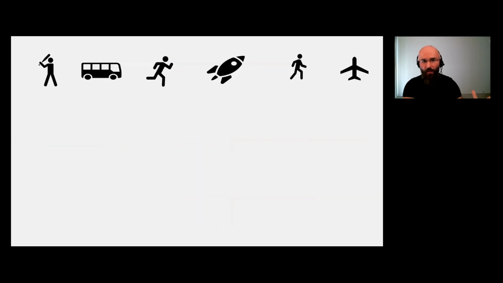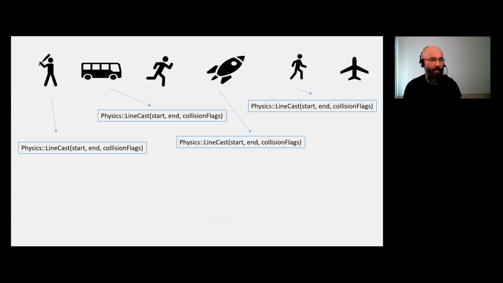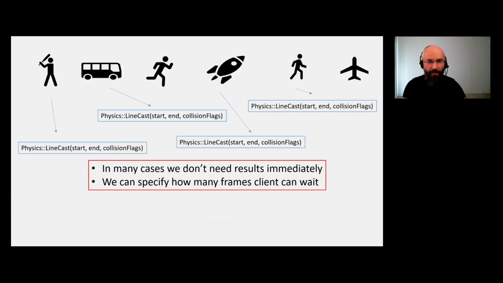Let's say we have a lot of different objects in the game, and all of them have some physical requests for some casts. And in many cases, we actually don't need these results immediately. The clients can specify how many frames they can wait to actually get the results.